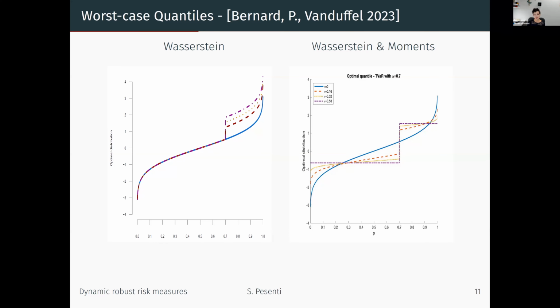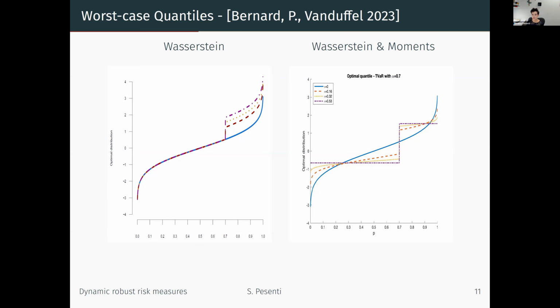So the blue one is epsilon being equal to 0, so there's a reference distribution which is a standard normal, and then the red dashed line would be epsilon being 0.16. So we see it's the reference distribution and it jumps, accounting for a larger expected shortfall. And the larger you choose epsilon, the larger that jump is.